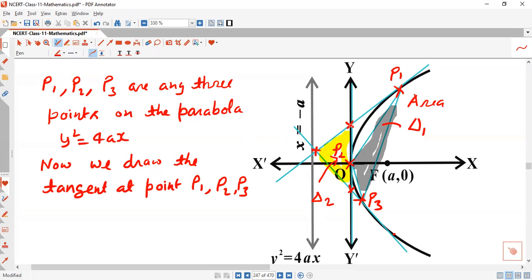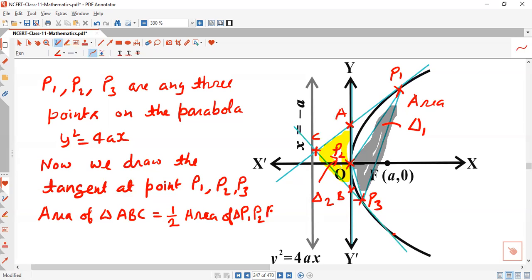They intersect at the points A, B, and C. The area of triangle ABC is equal to half the area of triangle P1, P2, P3.